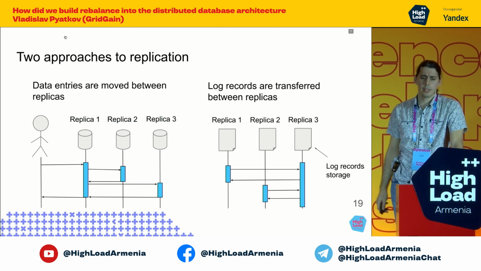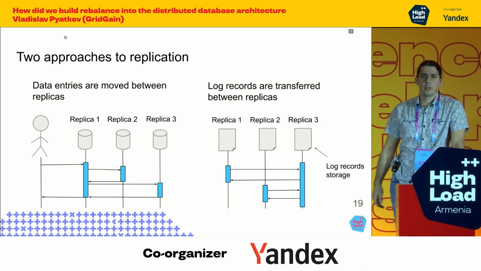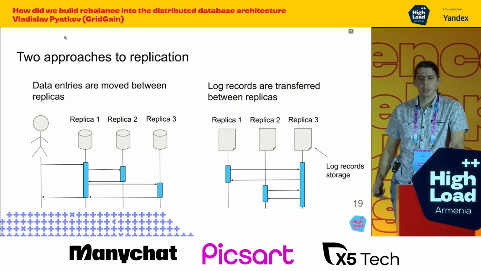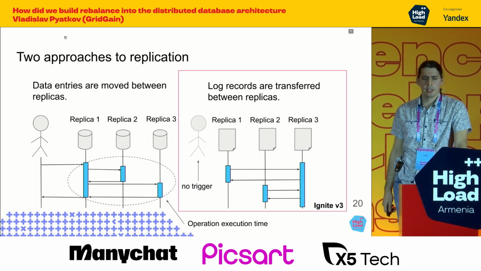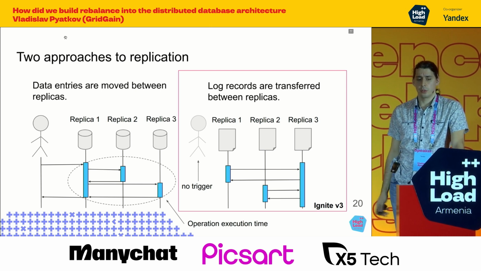And when we look at the second approach, all nodes, all replicas exchange their parts of the log to make their replicas consistent. It is the main difference between the two approaches. The first one has a trigger, but the other one has no trigger.